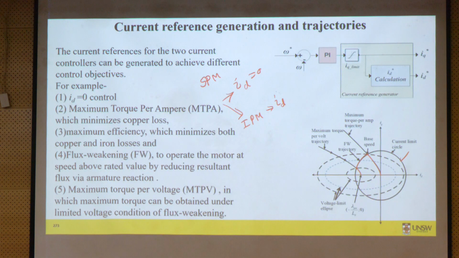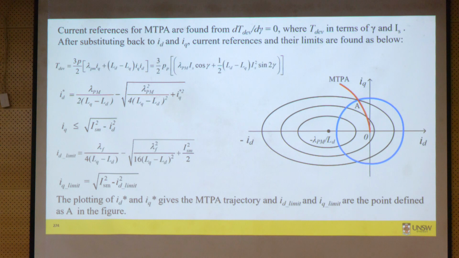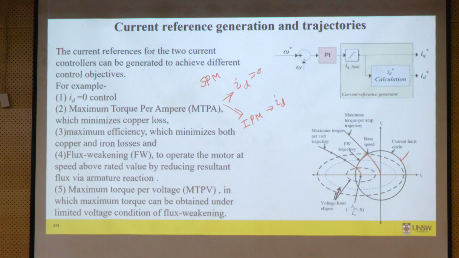So what is this Id value for MTPA? How do we calculate it? And that actually comes from the torque equation. Okay, here is your torque equation. The current I, if we remember, we discussed this a lot last time. So the current vector could be here, okay?